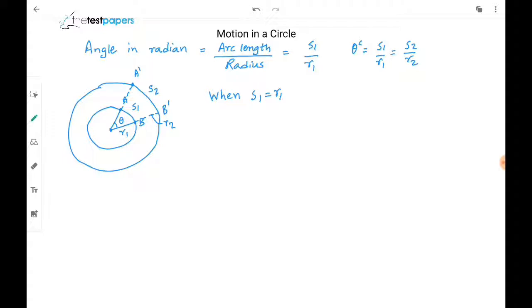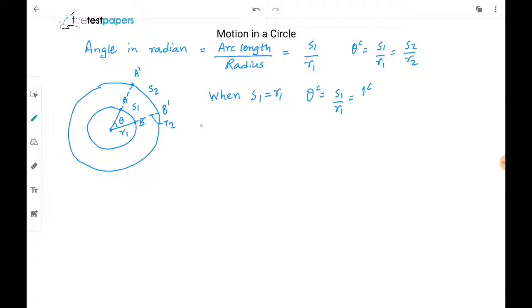When that happens, your angle theta in radian becomes S1 by R1, and since S1 by R1 is equal to 1, you get 1 radian as your angle.